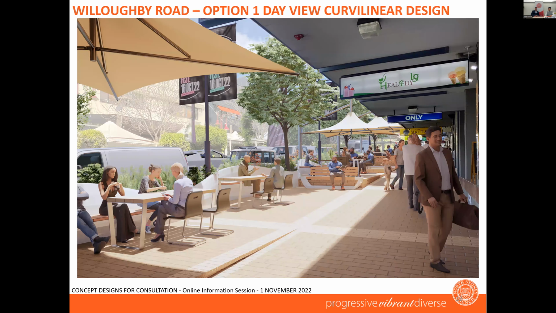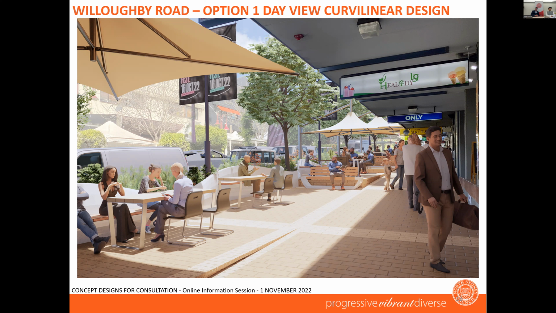Just some artist's impressions. So this is showing what the curvilinear design would look like in option 1. As I said, the planting is more informal. It also shows you the separation between Willoughby Road and the outdoor dining areas. It shows you the different configuration of the umbrellas.